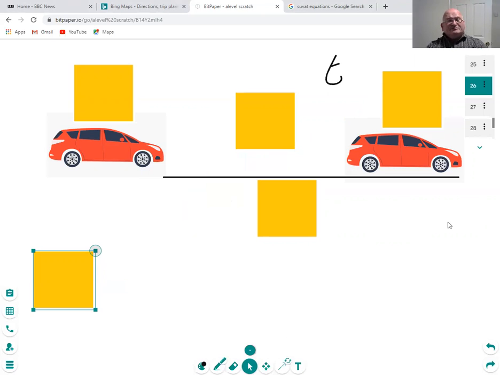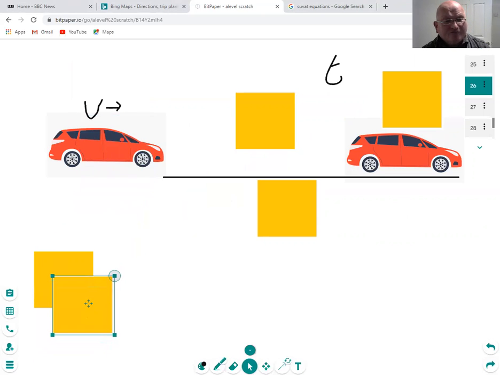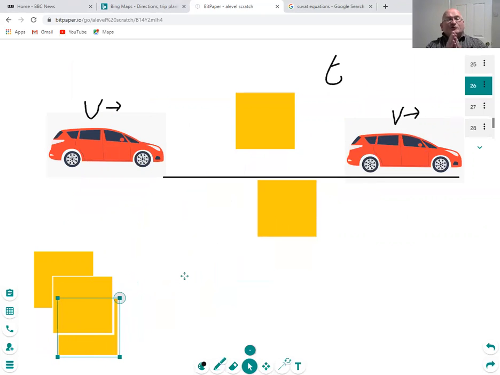That's fairly self-explanatory. The next question is, how fast is it going at the beginning and how fast is it going at the end? U stands for the initial velocity, V stands for the final velocity. I'll always talk about velocity when I'm talking about Suvat.